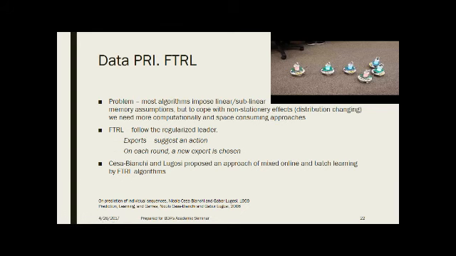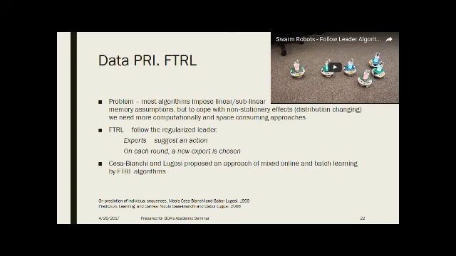The next problem that we might face in processing data is that most of the algorithms impose linear or some linear memory assumptions, but having this assumption, we cannot really reflect the changes in distribution of our data. So for example, when we get some data stream and it has some distribution that we know, after a year or two it may change.